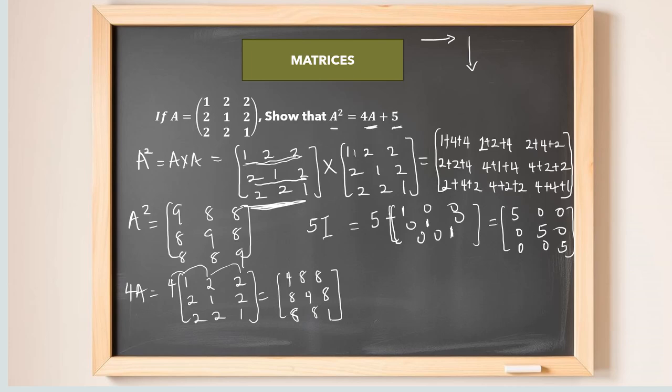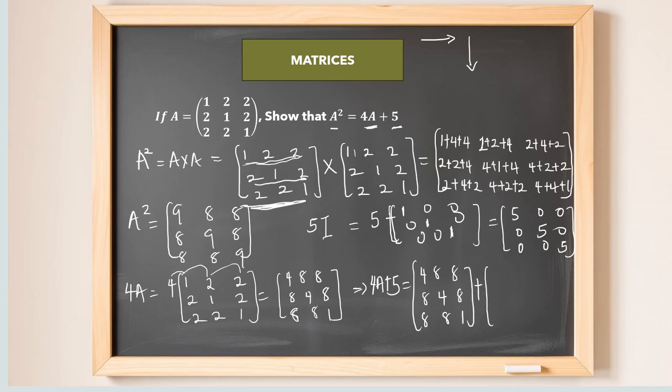So now, don't forget that we have 4A plus 5I. And the 4A is 4, 8, 8, 8, 4, 8, 8, 8, 4.